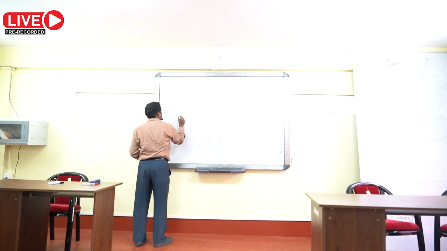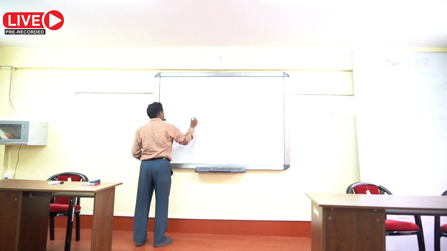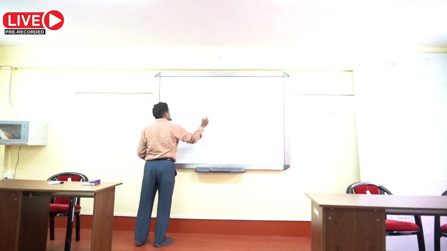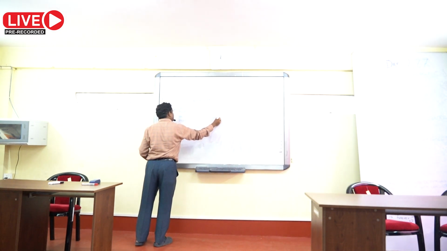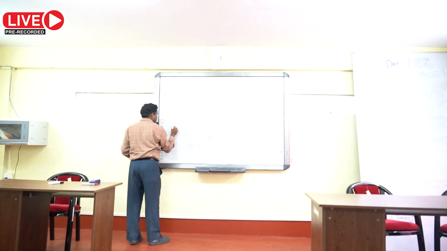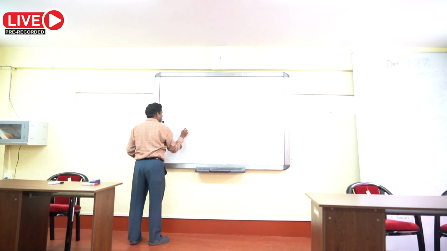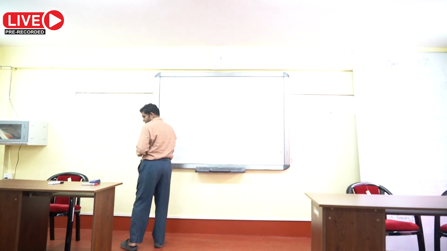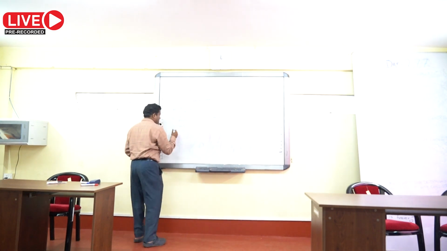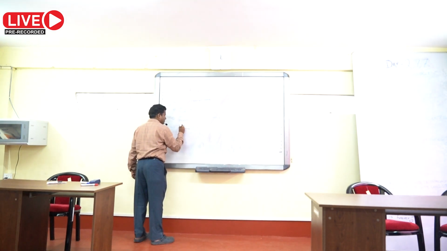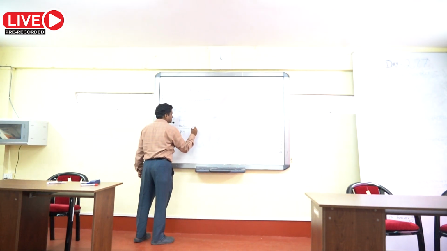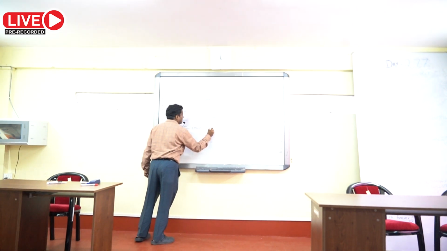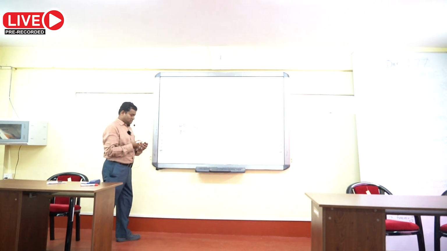C: mL by M plus m, opposite to bank. D: mL by M, towards bank. Which one is the correct option?